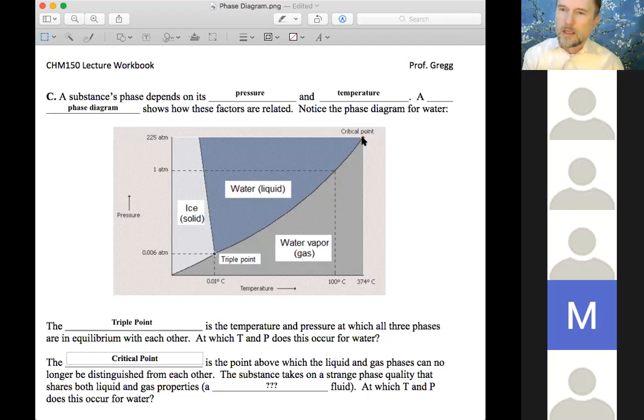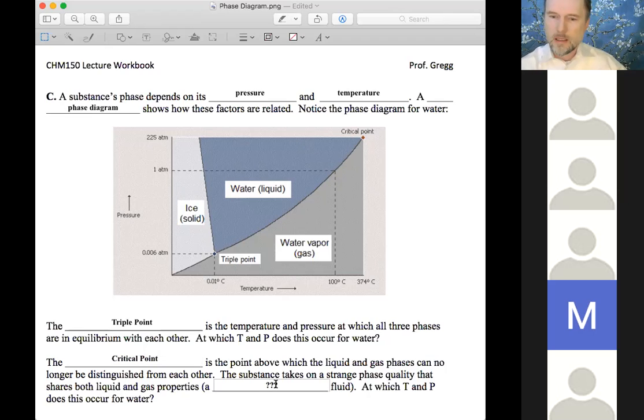And so you have both liquid and vapor that are together, and they can't be distinguished from each other. And we call that the critical point. So if you have water that has a higher pressure than 225 atmospheres and a higher temperature than 374 degrees Celsius, you have met or exceeded that critical point.